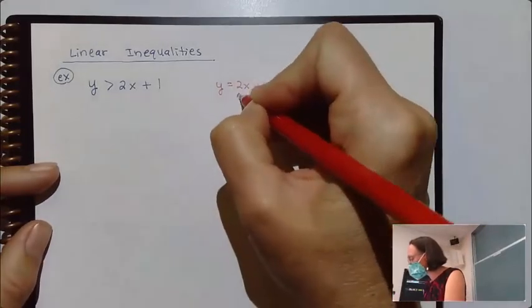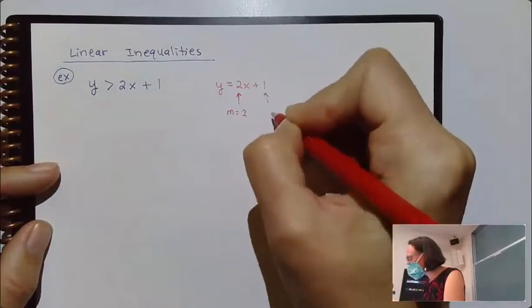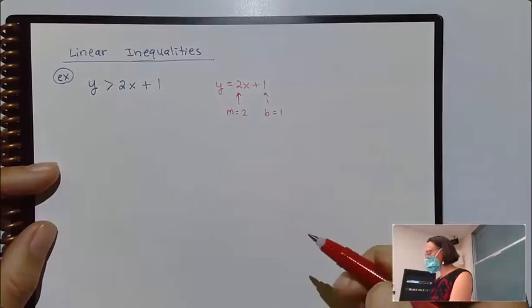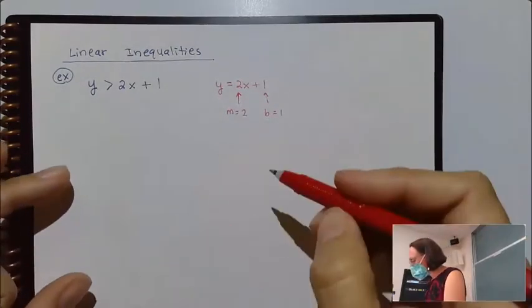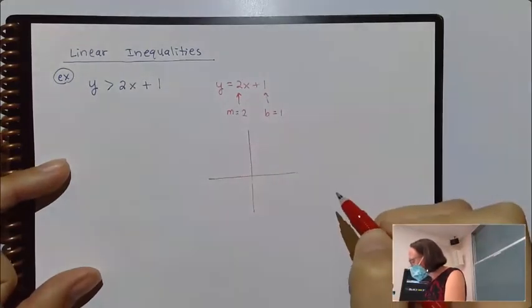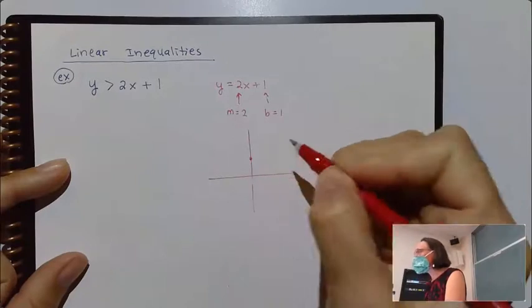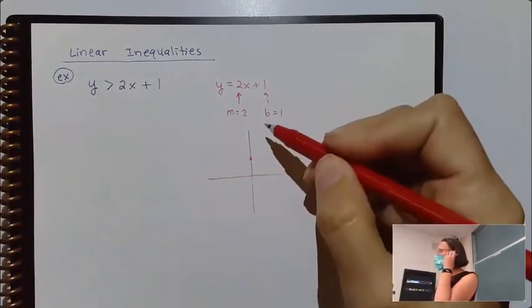And we have the slope is 2 and the y-intercept is 1. So if I were graphing this, I know that I'd have a y-intercept at 1 and I could sketch in a positive slope.